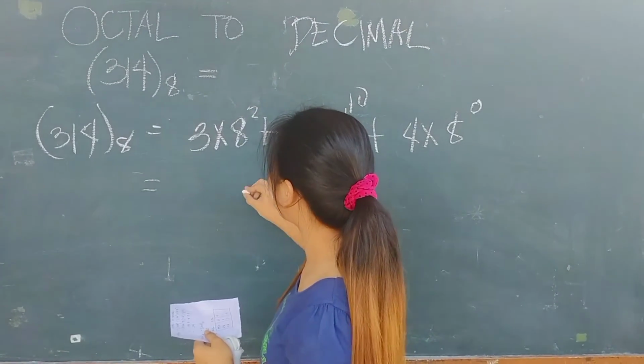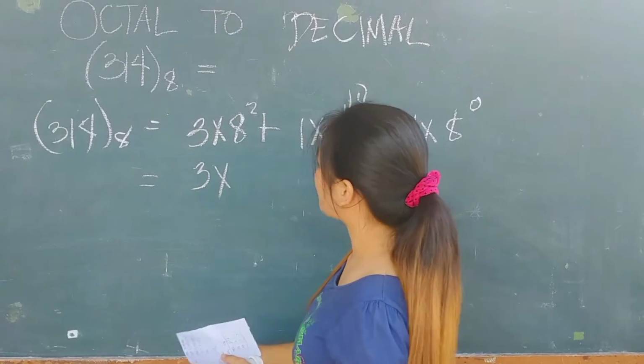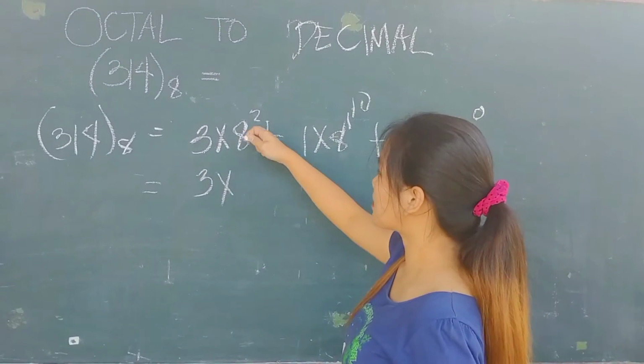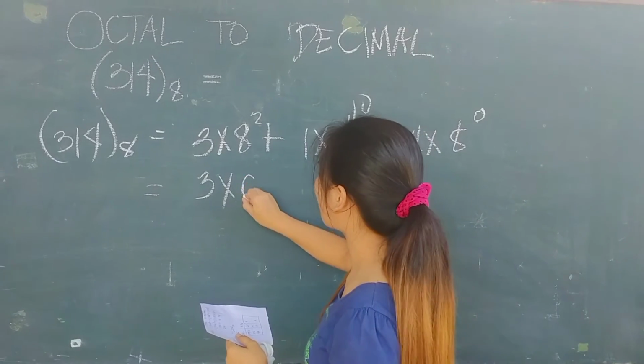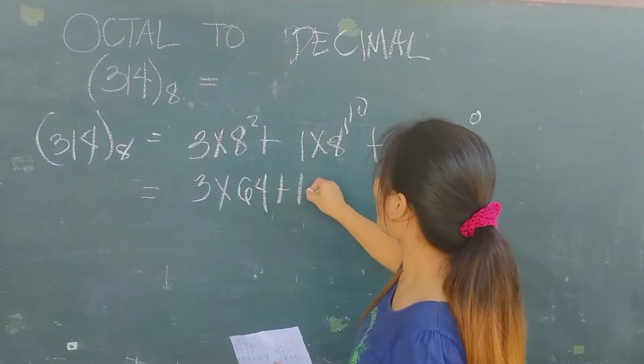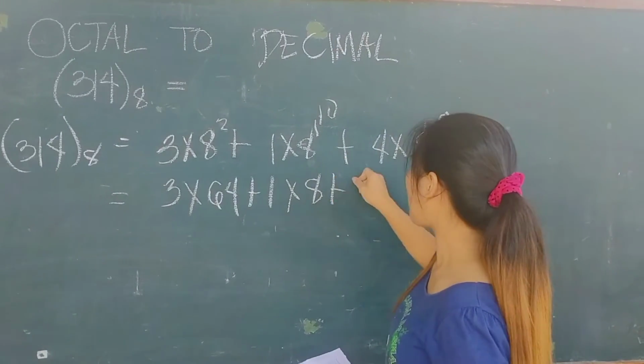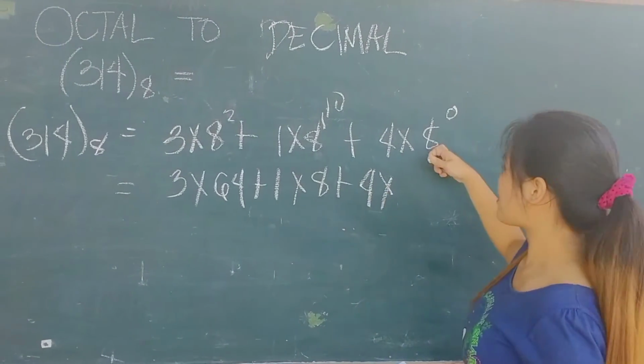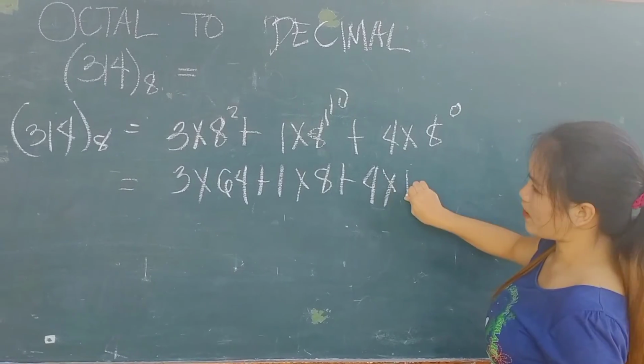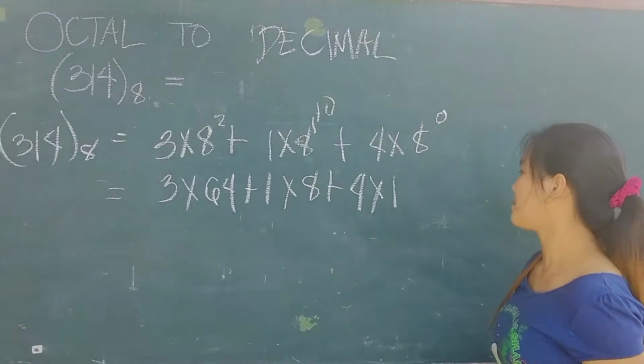That is 3 times 8 raised to the power of 2, which is 64, plus 1 times 8 raised to the power of 1, which is 8, and 4 times 8 raised to the power of 0, which is equal to 1 as the rule of math.